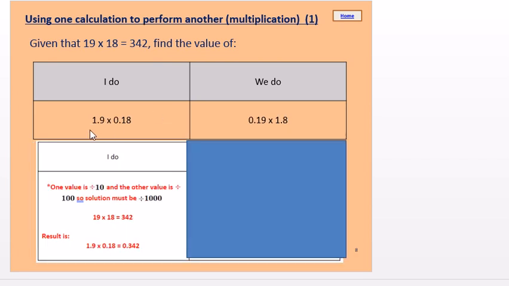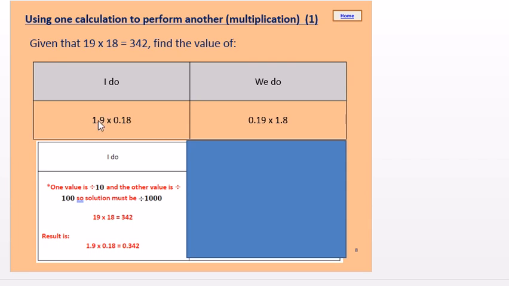So for this I do, we have 2 decimals. 1.9 times 0.18. 1.9 is 10 times smaller than 19. 0.18 is 100 times smaller than 18. So 10 times smaller, 100 times smaller.